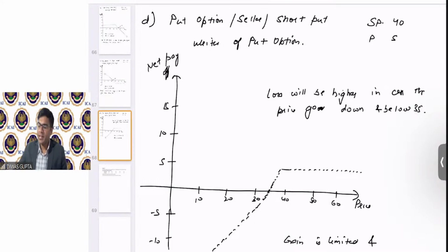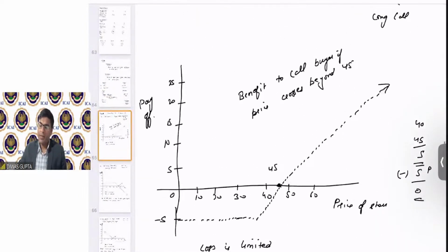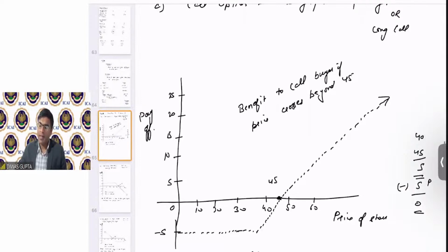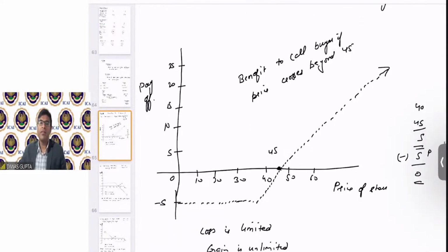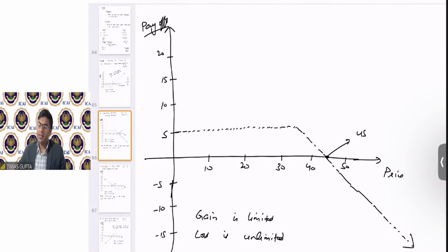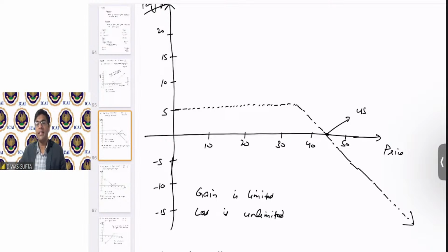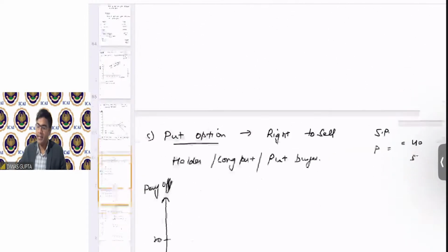All these four charts are clear. So the payoff for the call option buyer will look like this, where it will increase the moment share prices increase, and it will increase to infinity. The call writer's will look like this, where the loss will increase the moment share prices start increasing.